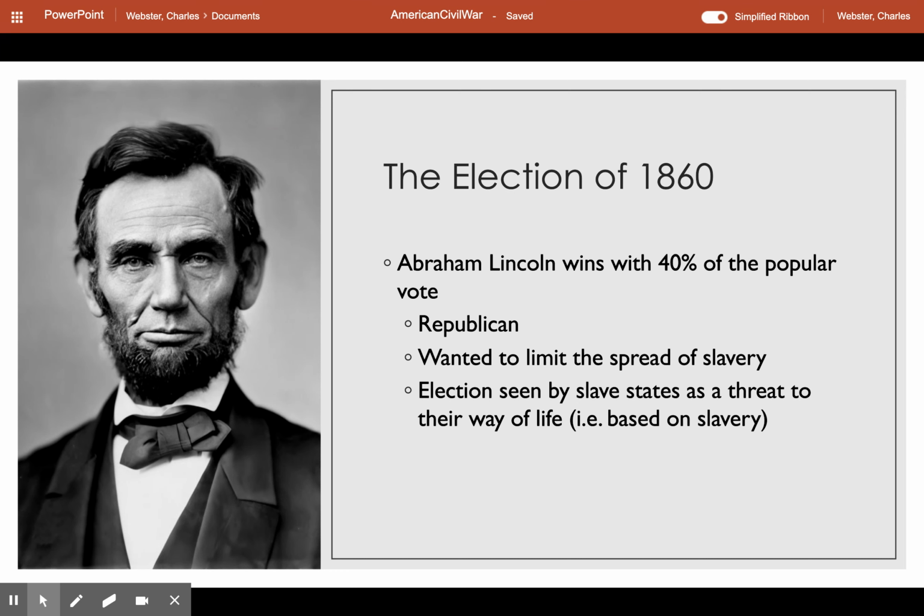Southern politicians and slave states in general saw this as a threat to their way of life, to the end of slavery. And so before Lincoln was even sworn in as president, states began to secede, right?